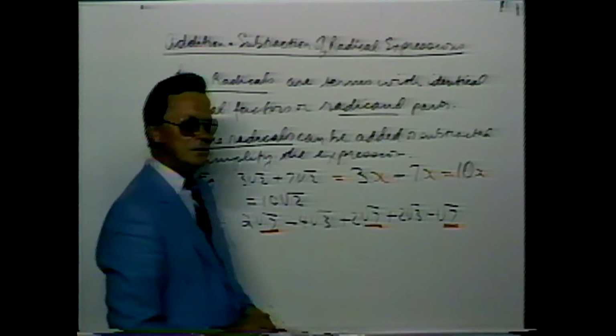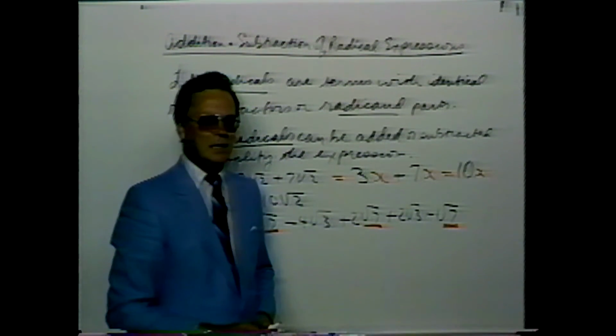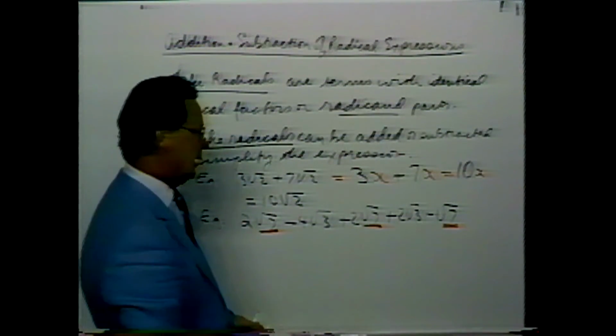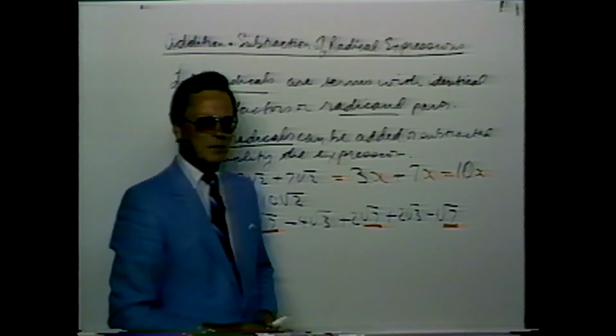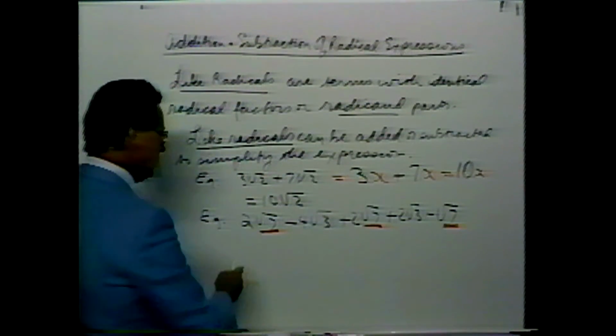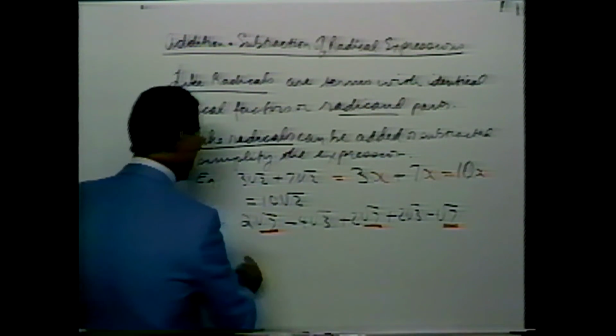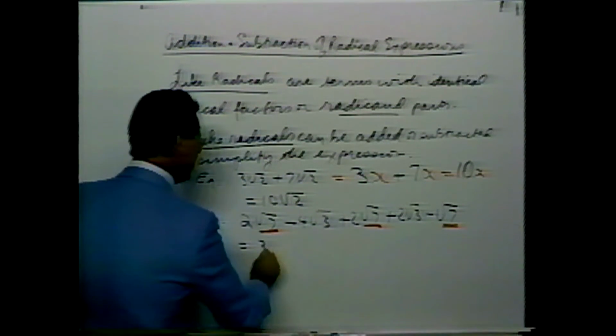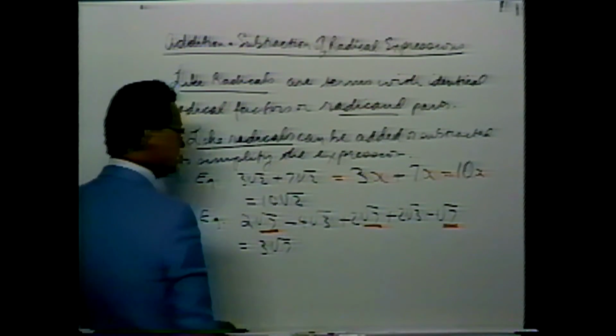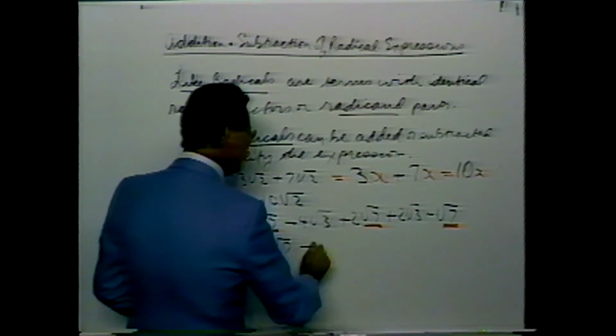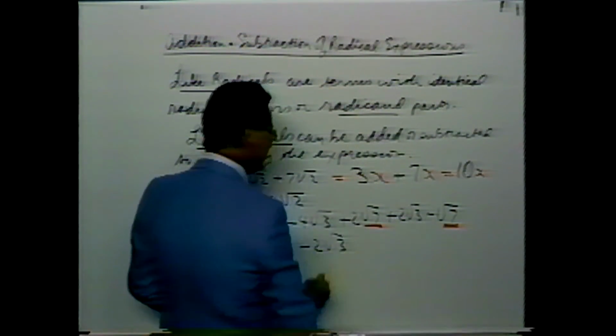So those three radicals can be added or subtracted, whatever the case may be, to simplify the expression. 2 plus 2 is 4, subtract 1, amounts to 3 root 7. And that amounts to minus 2 root 3.